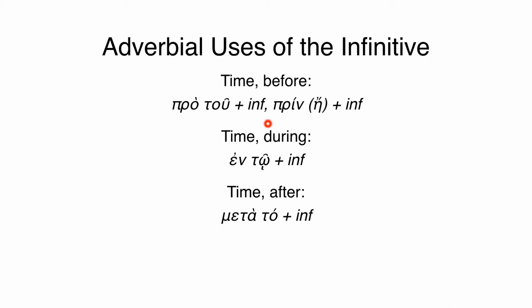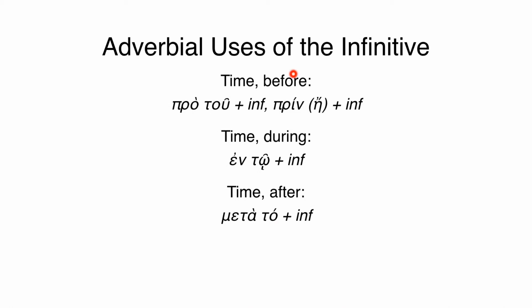Either of these constructions will be translated as before. For time during, we have en to plus infinitive. So this indicates contemporaneous time, during. Then we have time after, meta to plus infinitive is the construction. Meta, we already know, means after. So meta to plus infinitive we will translate as after.